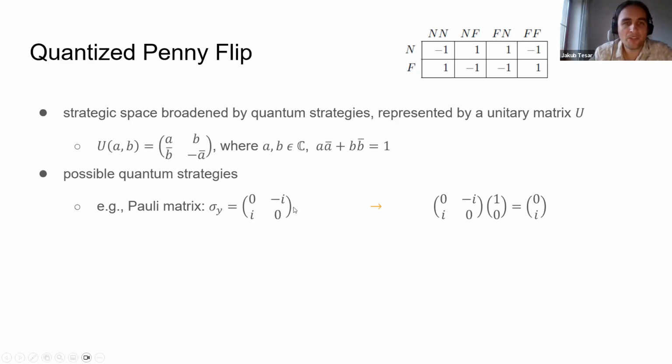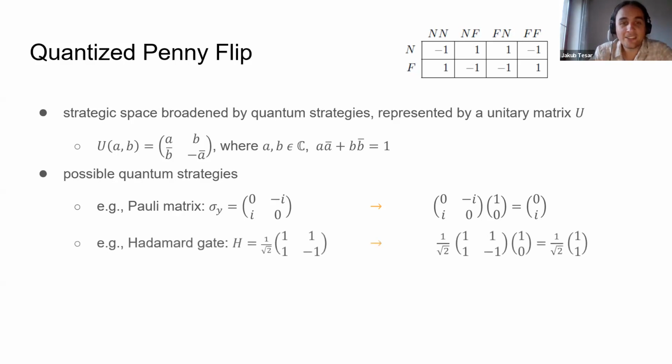For example, the Pauli matrices would qualify as this strategy, and if applied to the initial state, you would just have the state 0 and 1, without being able to say what it does with the coin actually. But it's not what is used in the paper.